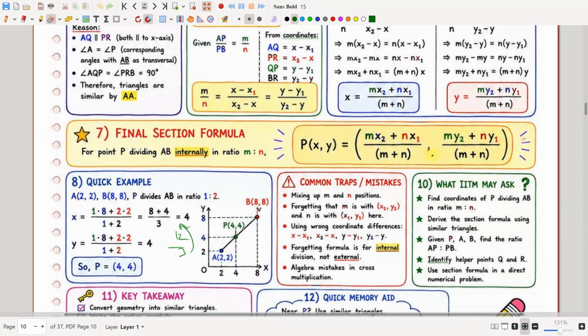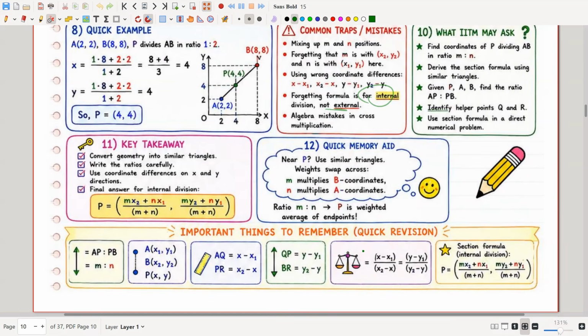This is the coordinate for the point x. Now the coordinate for the point y will be (my2 plus ny1) divided by (m plus n), which will be (1 into 8 plus 2 into 2) divided by (1 plus 2), which will again be 12 divided by 3, which is 4. So the point P, which divides the line segment AB in the ratio 1 is to 2, is (4, 4). Okay, so this is the internal formula.